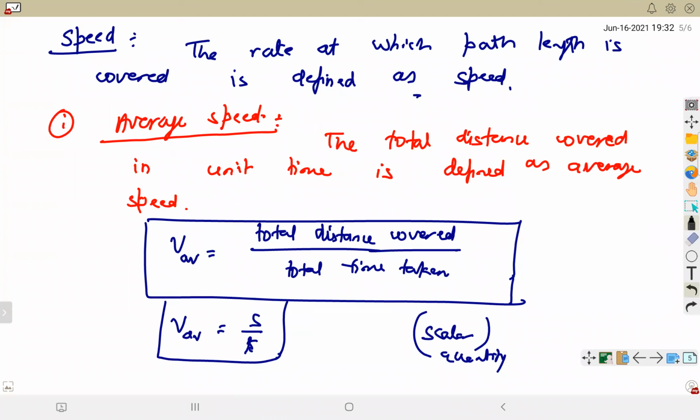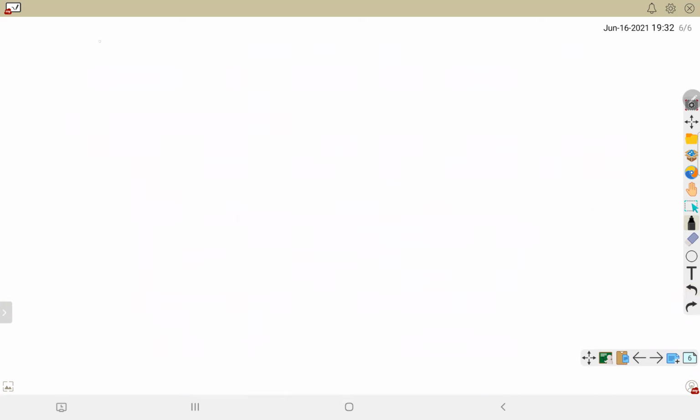Average speed we will calculate for a large interval of time. Instantaneous speed, we have to find at one moment of time, and that will only be possible if we know the path length covered as a function of time. Instantaneous speed is for a very small interval, represented as dt.